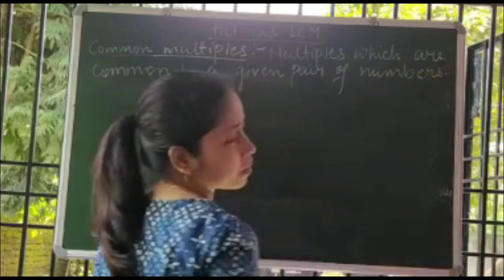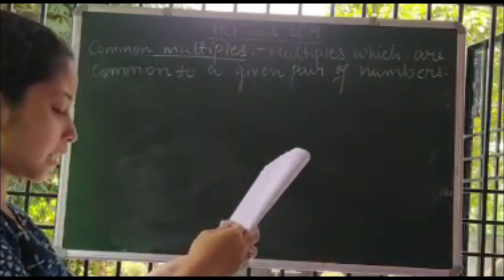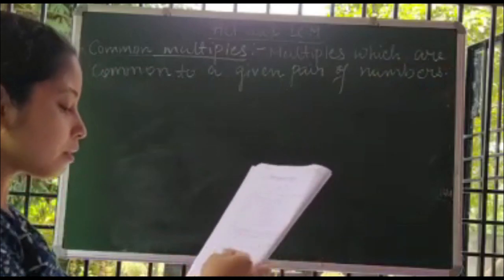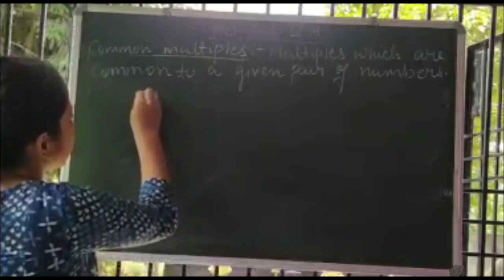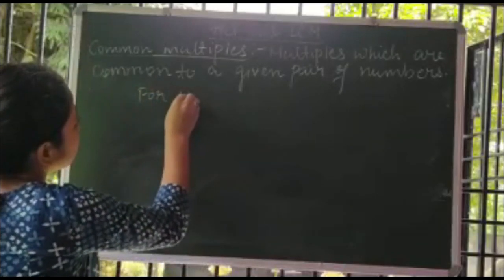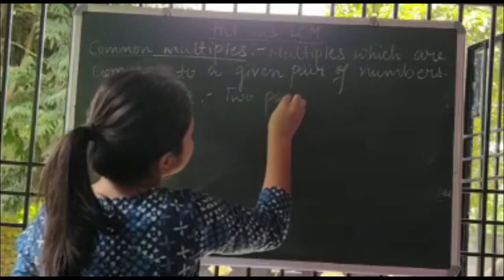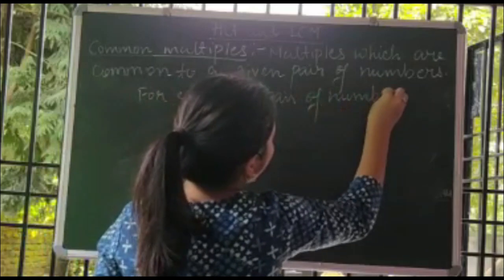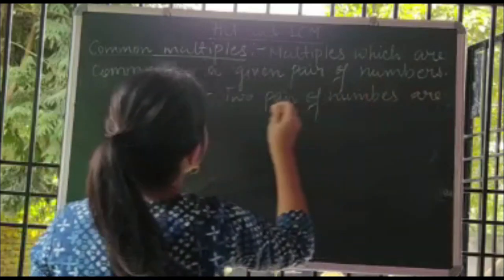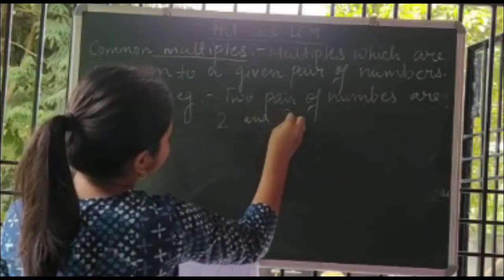So we'll take a pair of numbers. Let us take any pair of numbers. Suppose we are taking 2 and 3.